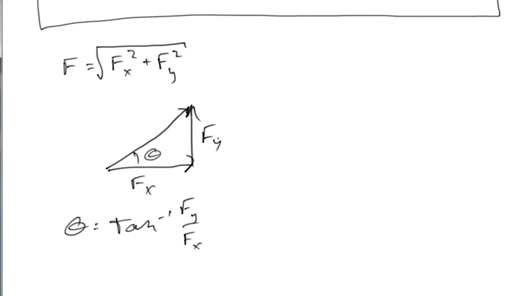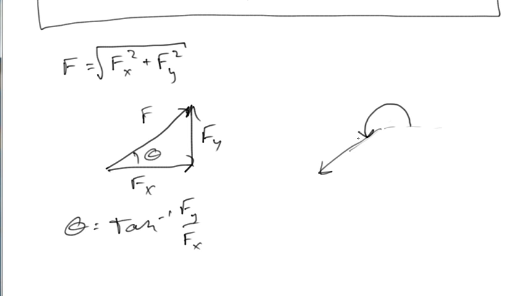I gotta tell you though, with the possibility of this f pointing in any direction, I could have an angle down here where both fx and fy are negative, and the ratio of them, instead of getting what I would want, which would be this angle when I take the arctangent of it, I'll just get the same thing as this angle, when it's pointing in the exact opposite direction.